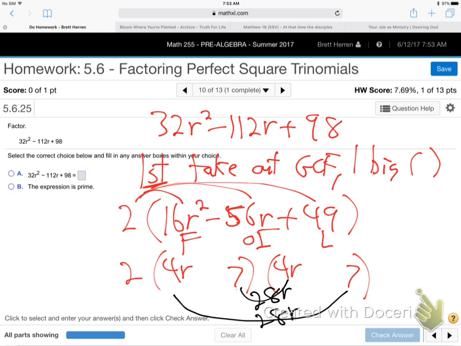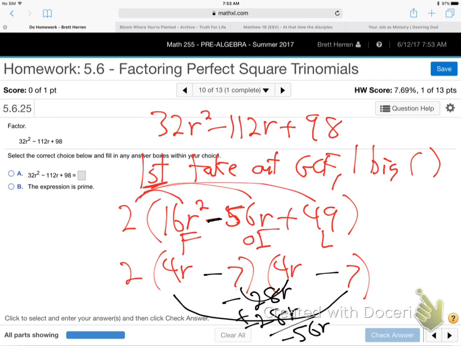Good there, everybody okay with that? So the 2 inner, 4 times 7, 28r. The 2 outer, 4 times 7, 28r. And those 2, what do they add to be? 56r. Perfect, except we want negative, though. How do we make negative? Just make them both negative. No big deal. Then negative 28 and negative 28 makes negative 56.